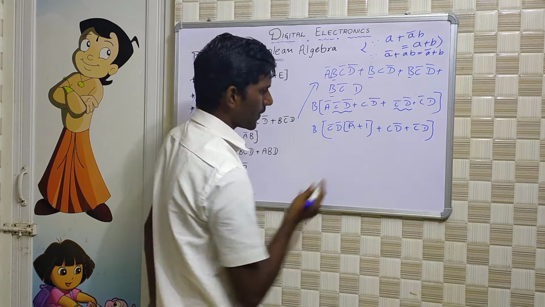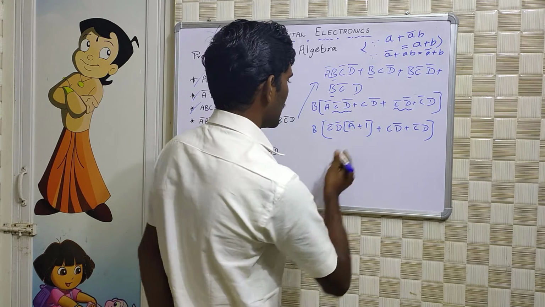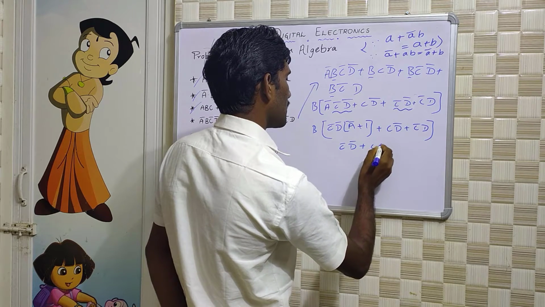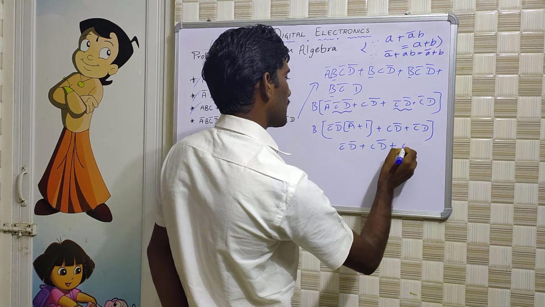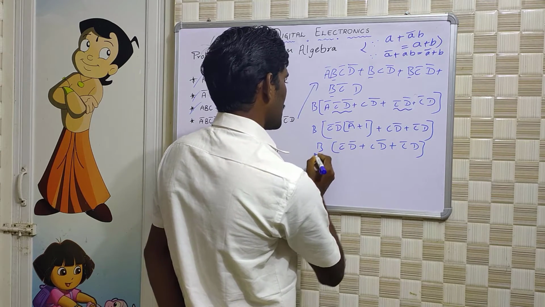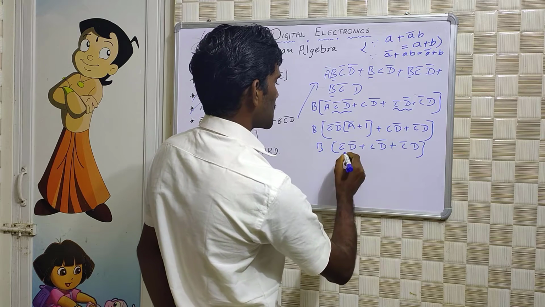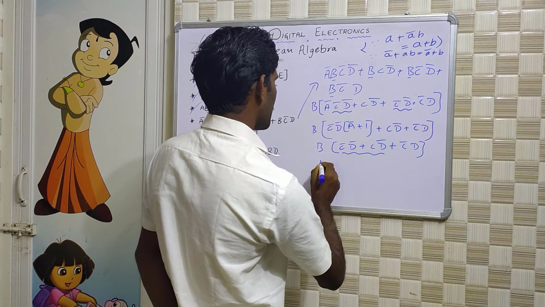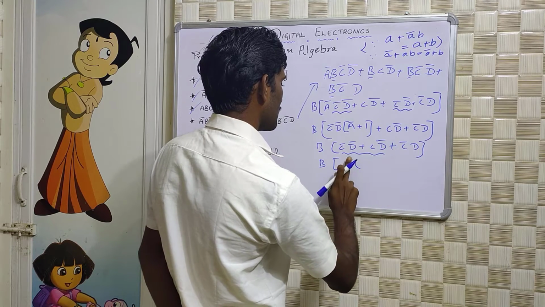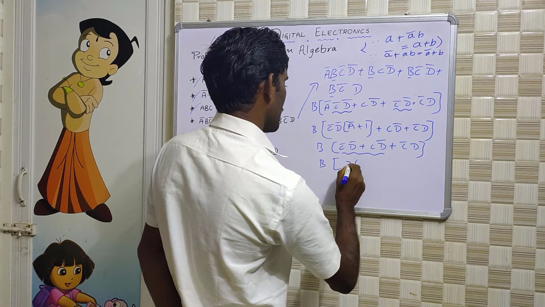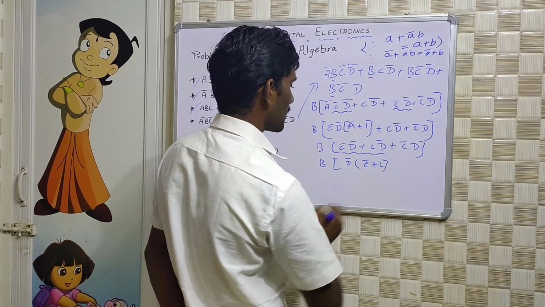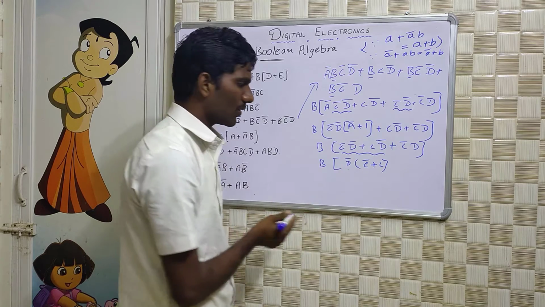So we know 1 plus A is equal to 1. So it will again become C bar D bar plus C D bar plus C bar D. From these two terms we will take D bar common, then it will be C bar into... D bar as common, C bar plus C. So A plus A bar is equal to 1.